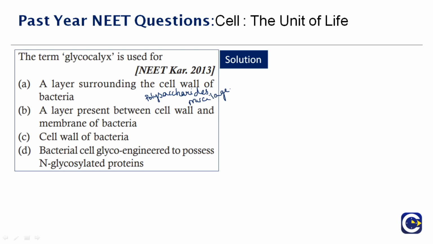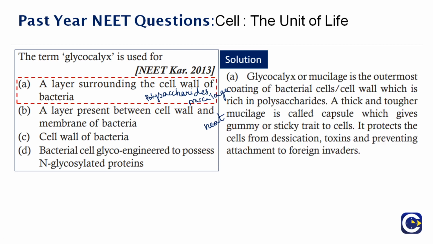It protects the cell from desiccation. Desiccation means when the bacterial cells are exposed to heat, they might get destroyed. But the glycocalyx will prevent the cell from getting destroyed through desiccation or some toxins, and it also prevents the attachment of any foreign material over the surface. Therefore, the correct answer to this question is option A.